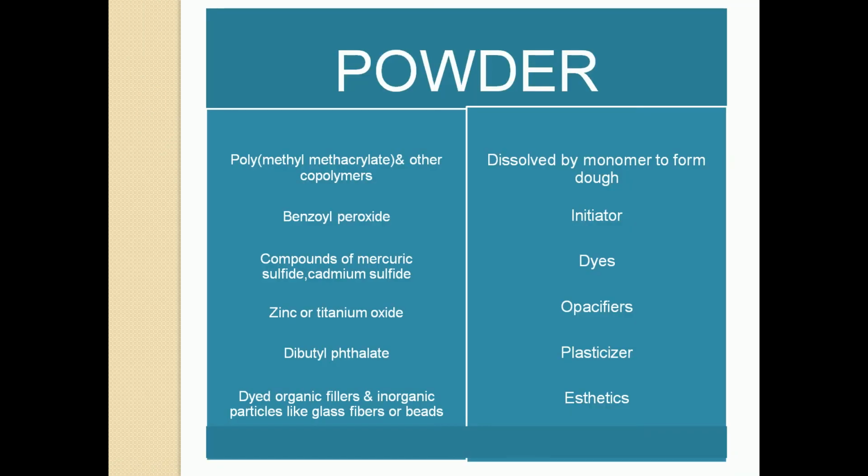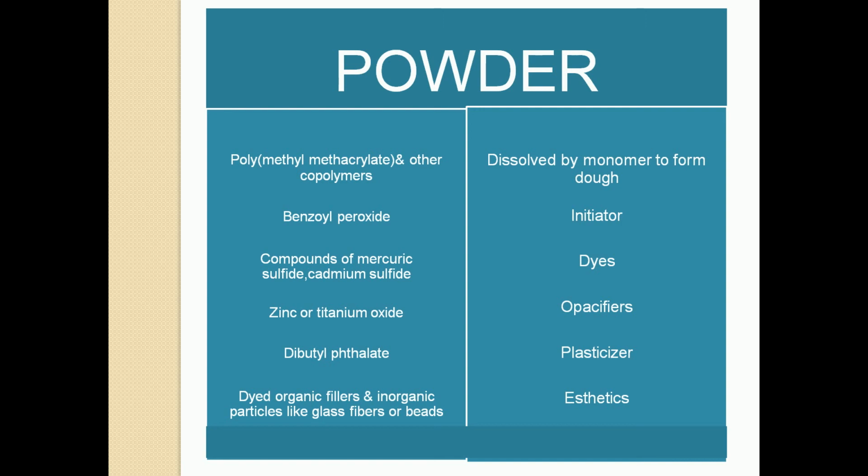So before coming to this, I have some MCQs regarding your self-cure acrylic resin. Actually, I have a lot of MCQs regarding the self-cure acrylic resin because it is a very important part. See, the whole question was made from your composition of self-cure.